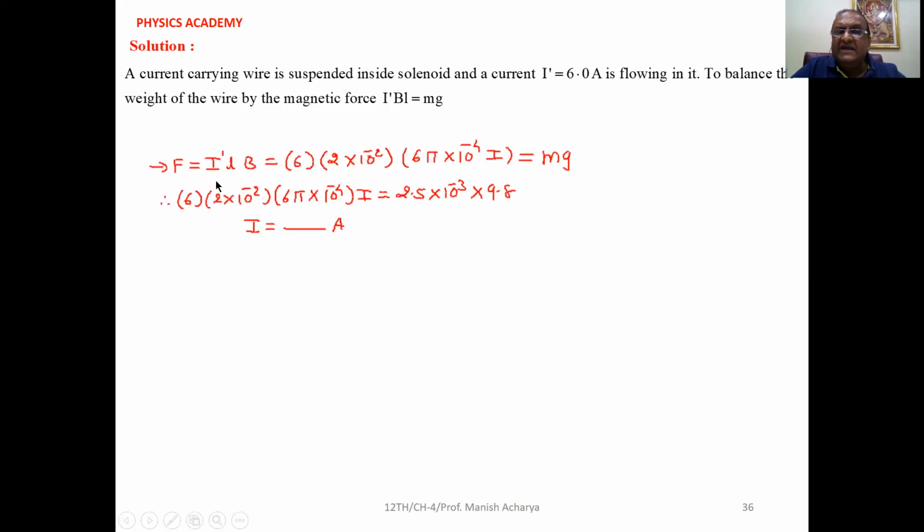So F, that is I dash LB: I dash is 6 ampere, length of the wire is 2 into 10 raised to minus 2, B that we calculated previously is 6 pi into 10 raised to minus 4 into I, that should be equal to mg, where m is 2.5 into 10 raised to minus 3, take g as 9.8, and now solve this equation and make I the subject of the equation. You will get the current through the solenoid. Clear to all of you?